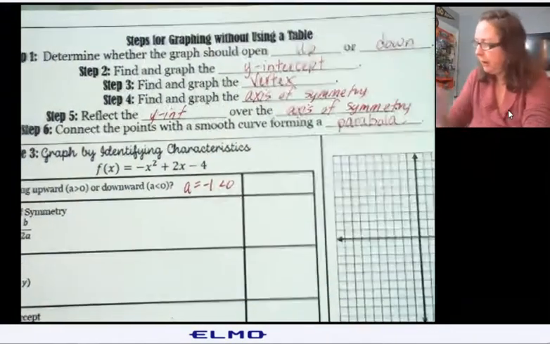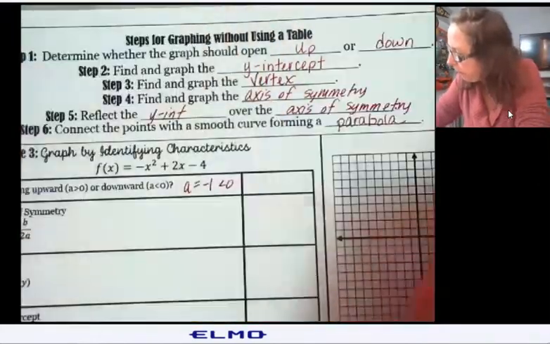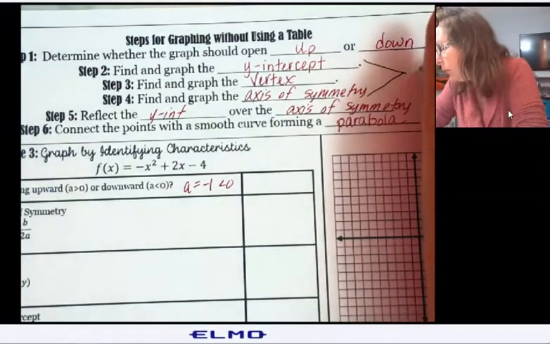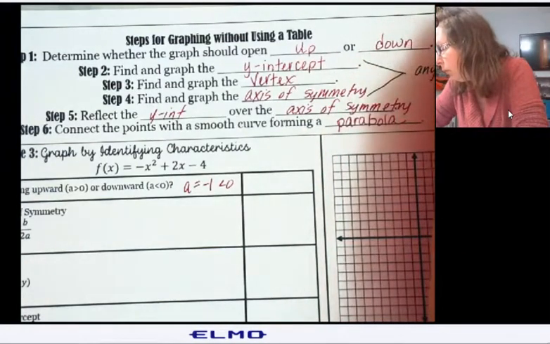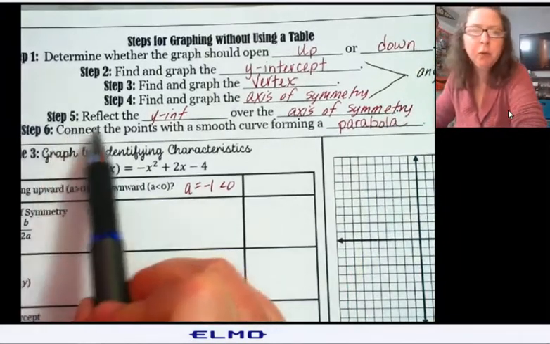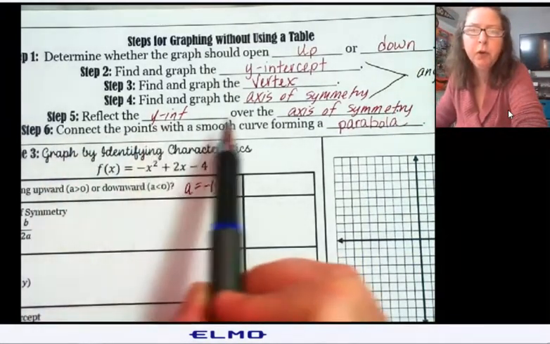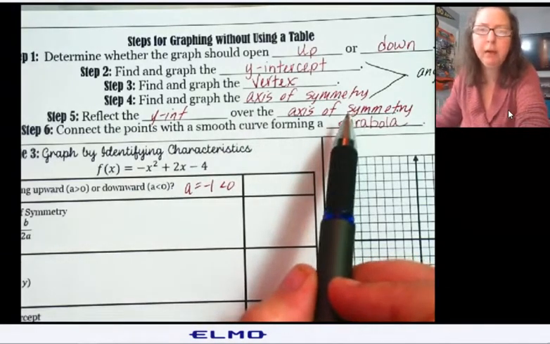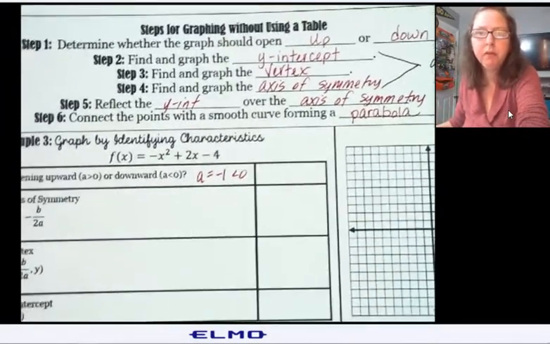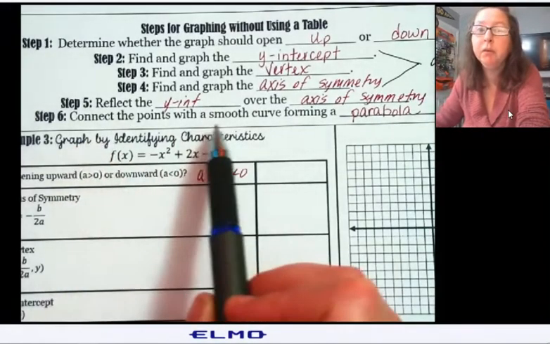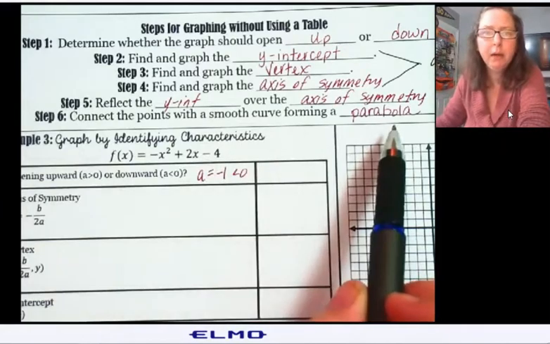So those can be done in any order. All right, step 5, reflect the y-intercept over the axis of symmetry. We know what a reflection is, right? Because we've already worked with reflections this year. And then step 6, connect the points with a smooth curve forming a parabola.